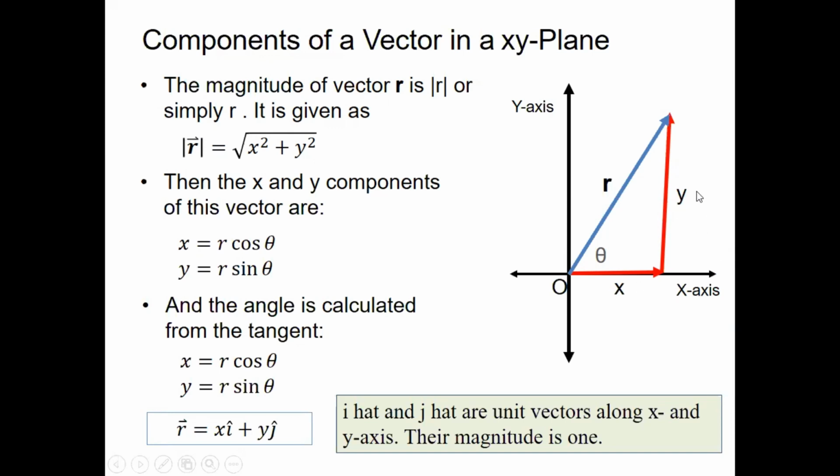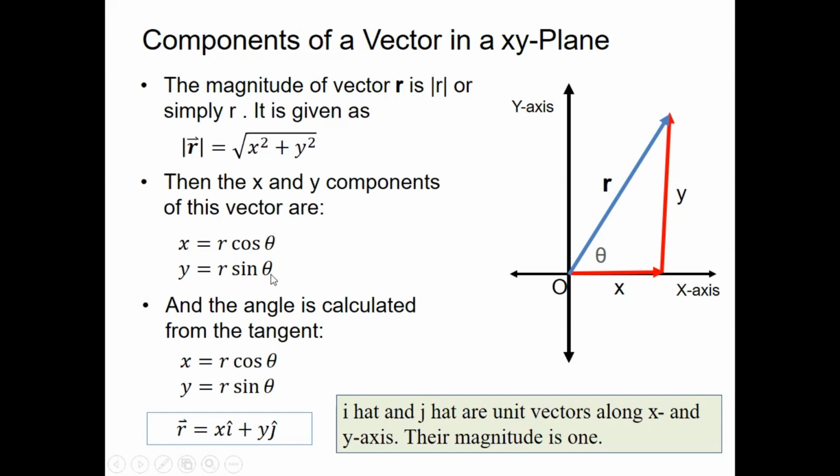vectors. Then the components x and y, as we have already seen using the cosine and sine in this particular triangle, are x equal to r cos theta and y equal to r sine theta.